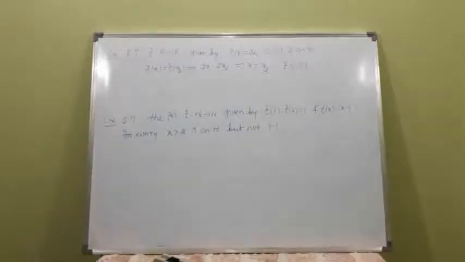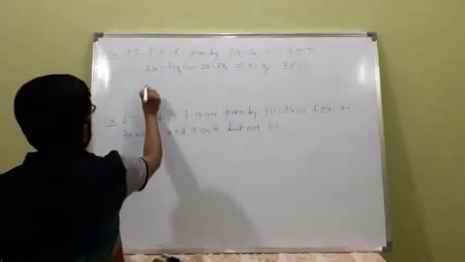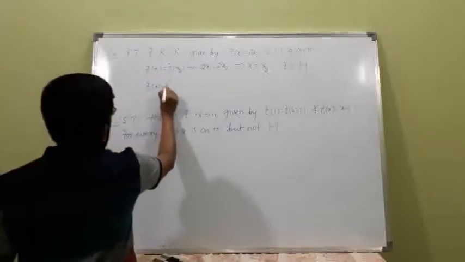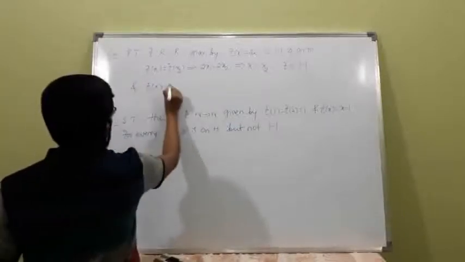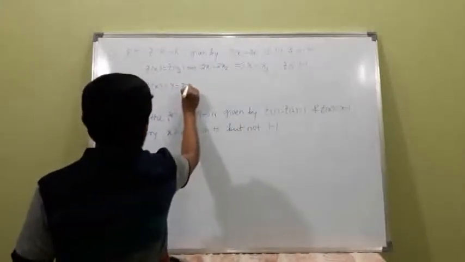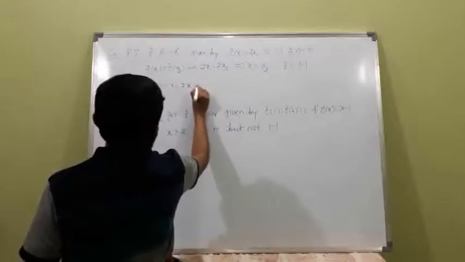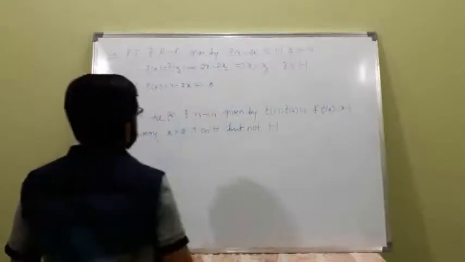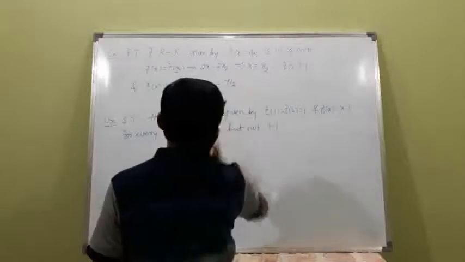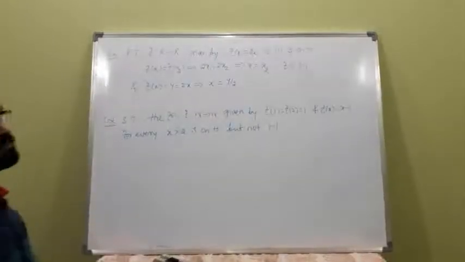Okay. Now, f of x is equal to y, that is equal to 2x, implies x is equal to y by 2. Okay.